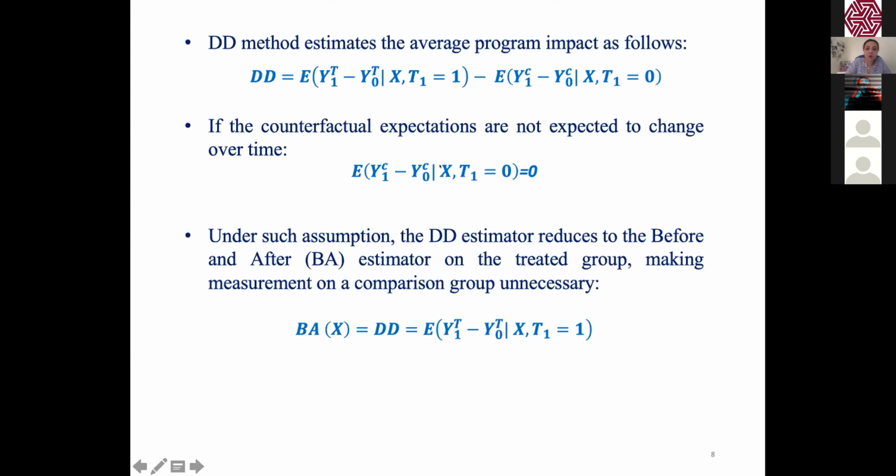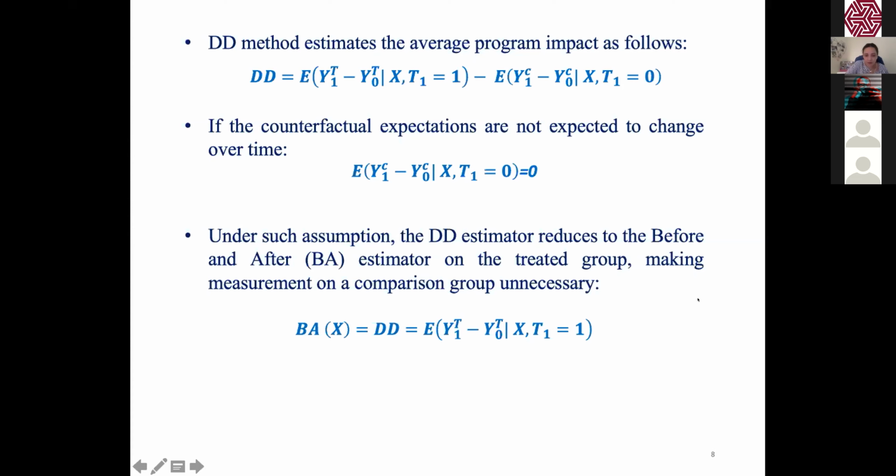However, this equality to 0 may not be the case. Again, we can assume that the consumption of fruit and vegetables of both types of individuals will increase, but maybe for the treated, it will increase more. So this is not always the case that it is verified.